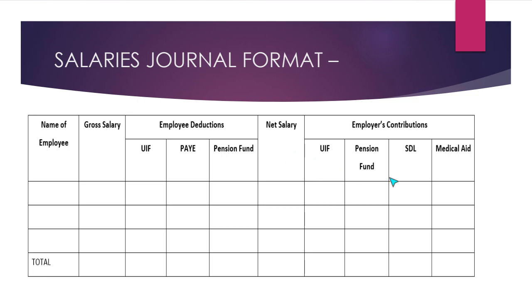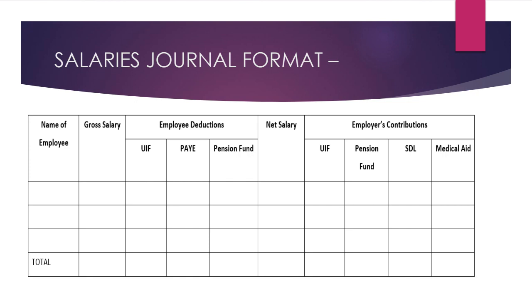But these ones, they will tell you whether the employer contributes or not. And the SDL is the 1% of the gross salary. Remember that formula? Gross salary minus pension fund. You must know that formula.